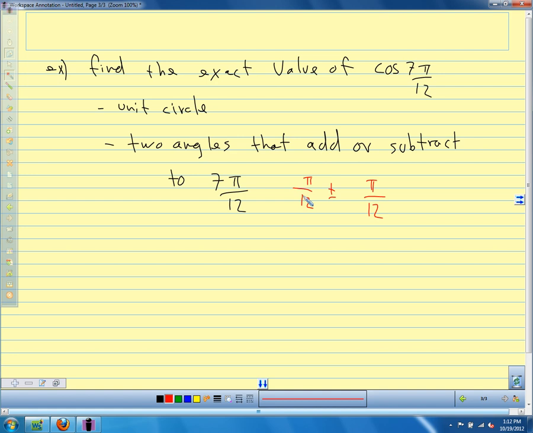So what two numbers could we add or subtract here that when we put them over 12 would give us those fractions? Anybody have an idea? 7 pi over 6 and 7 pi over 4. Well, I want my numerators to add to 7. Whatever I have here, plus or minus whatever I have here, is going to add to 7.